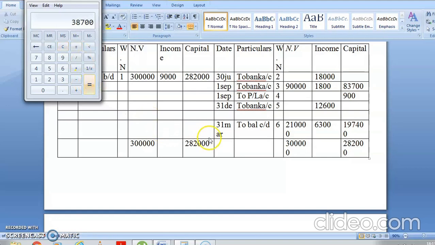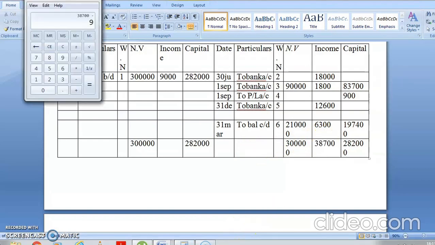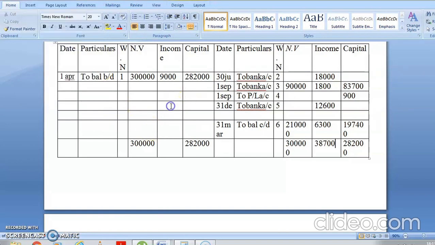So this is coming to 38,700. 38,700. And here you are having minus 9,000. So it is 29,700. So difference is coming to 29,700. And here it is 38,700. So this will be going on 31st March.